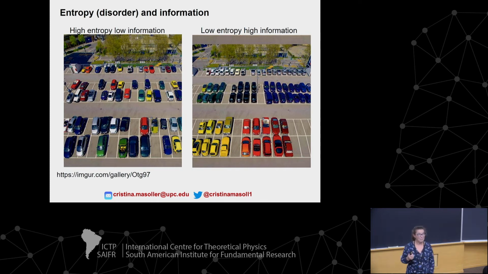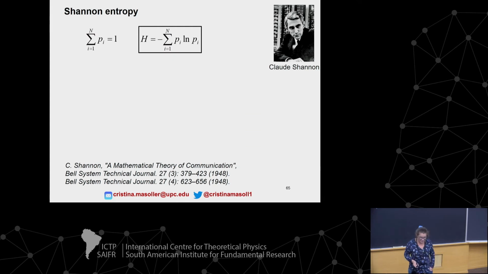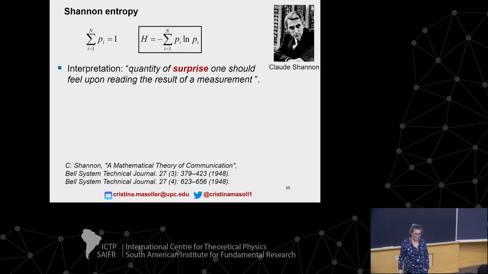Okay? So basically, entropy is a measure of disorder and is directly related to the information. And more precisely, entropy was proposed by Shannon. This is the expression. If you have a set of probabilities, whatever probabilities you have, you calculate the entropy like this, and we can interpret it in the following way.